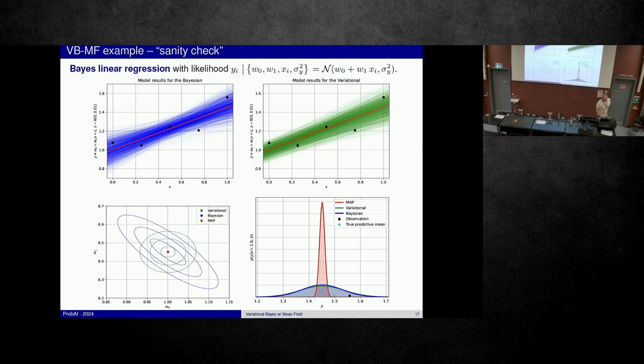The behavior is shown up here. We can see that the samples of the offset, seen here at x equals 0, vary less than in the true model. We can see the lack of correlation structure from this fan structure.